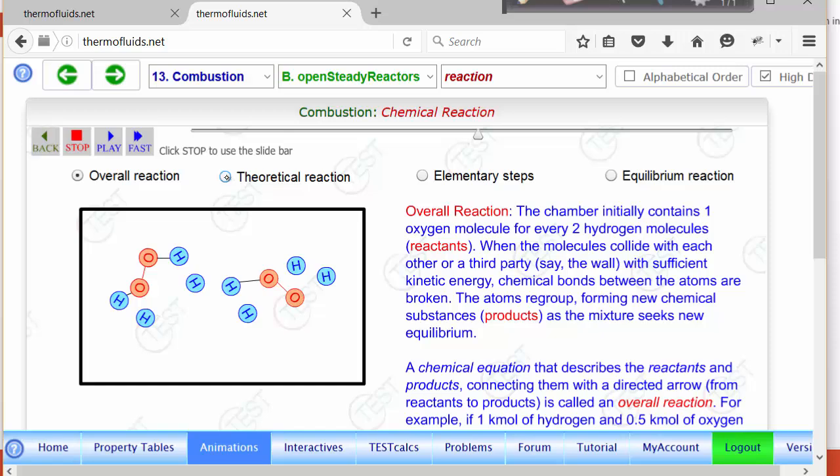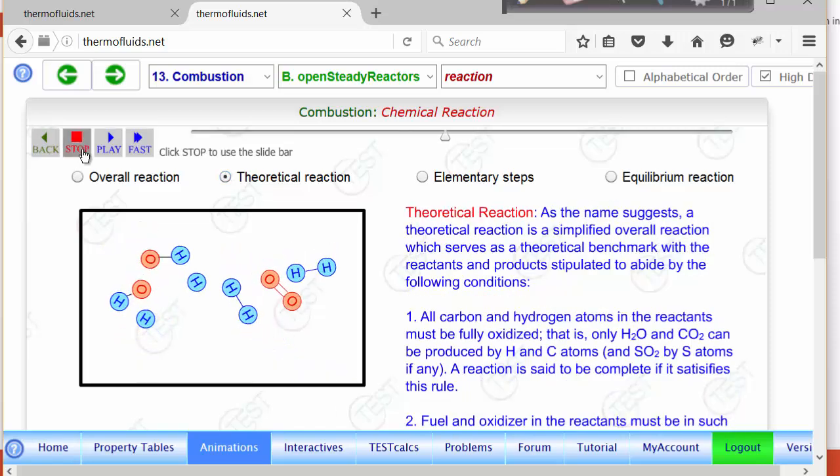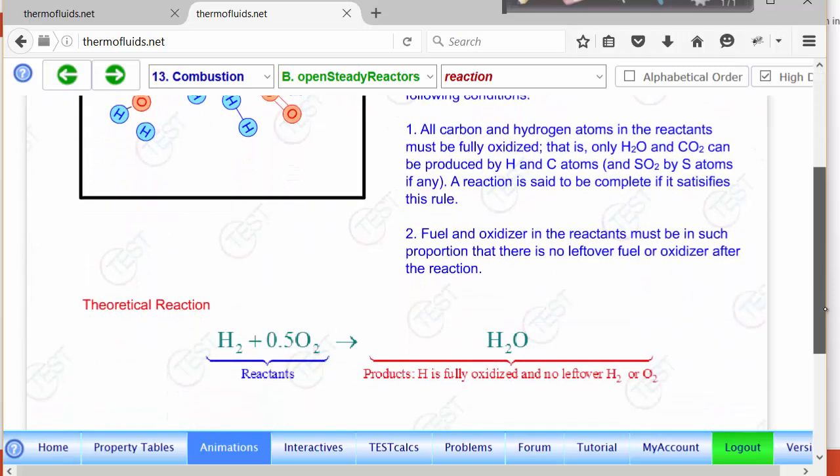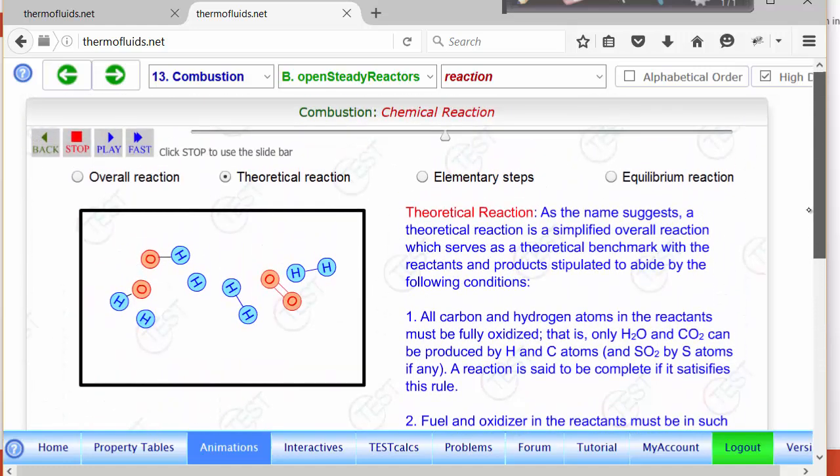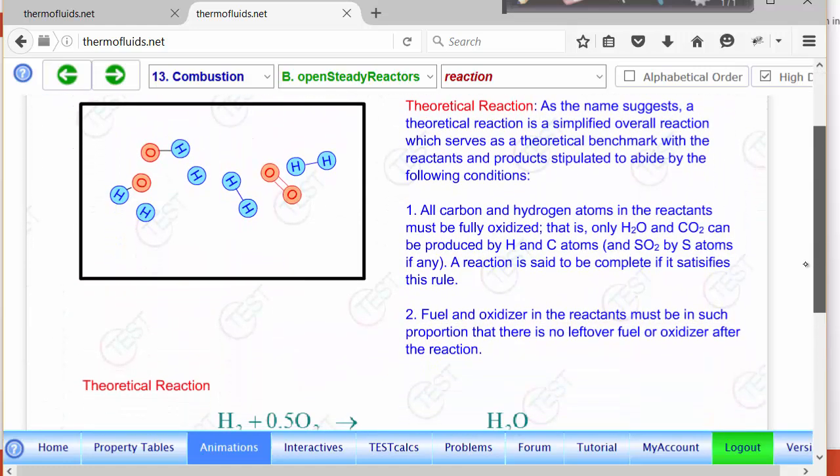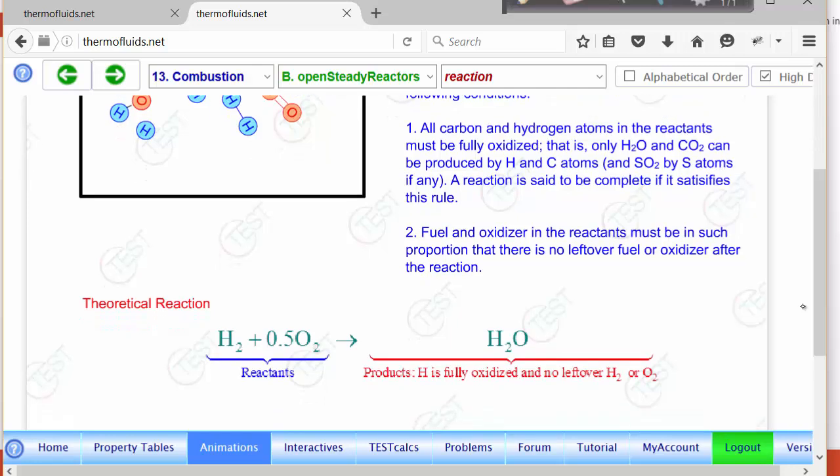On the other hand, a theoretical reaction is an overall reaction such that hydrogen and carbon are fully oxidized. In other words, there is another term for it. It's called the reaction is complete.